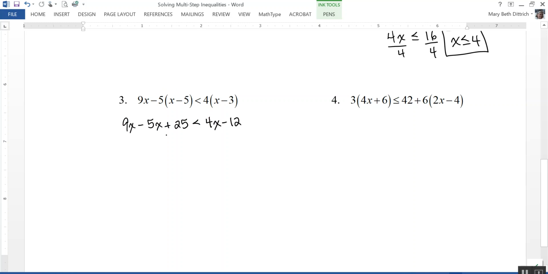I notice I have two like terms over here, a 9x and a negative 5x, so 9x minus 5x gives me 4x plus 25 is less than 4x minus 12.